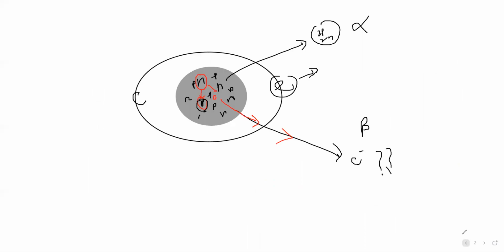Now these decays, because we have alpha, beta, and gamma. So first, what happens in alpha decay? I'm just drawing the nucleus.